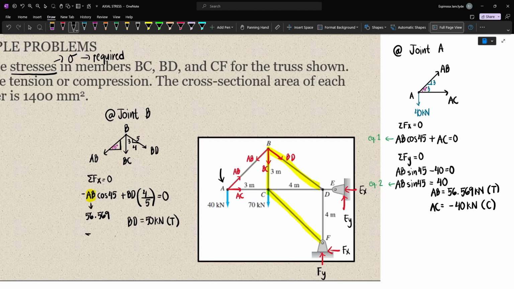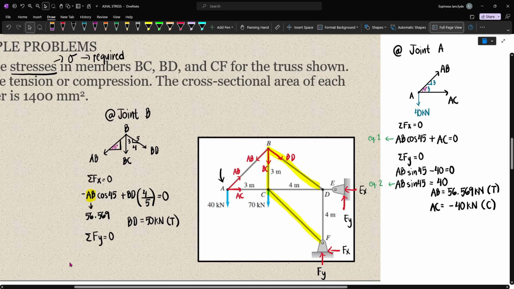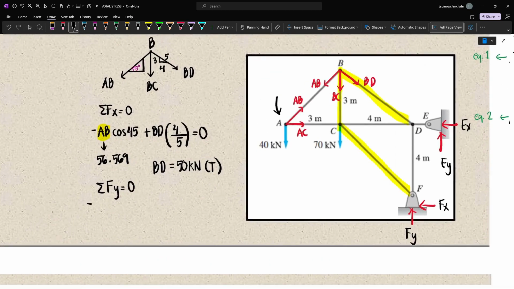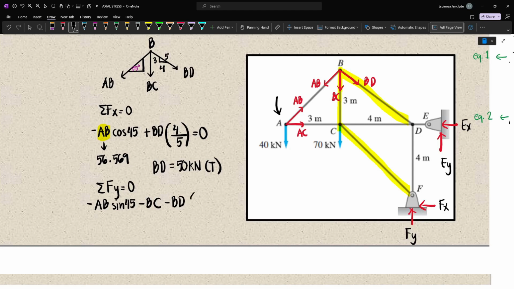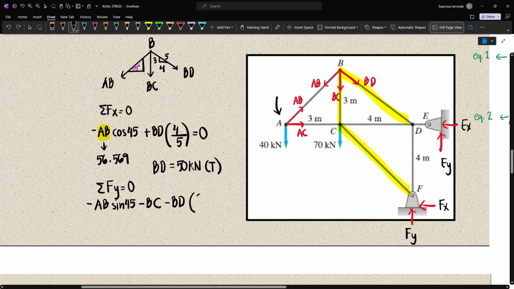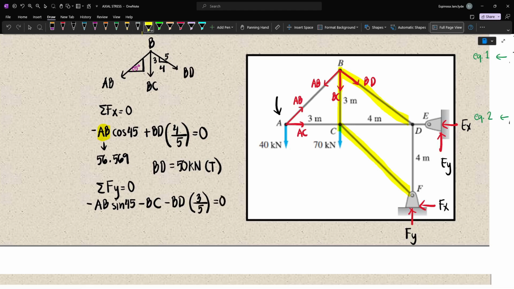Now, summing up forces vertical, we have the vertical component of AB, which is going down, and so that's minus AB sine 45, and then minus BC, which is just a vertical component, and then minus BD times 3 over 5, because we need the vertical component, and it's going down, that's why it's minus.